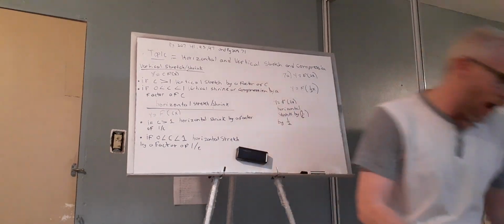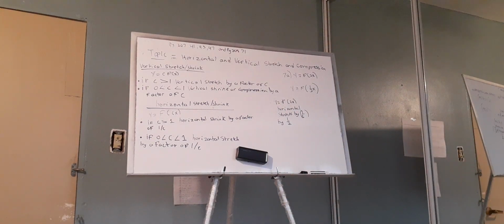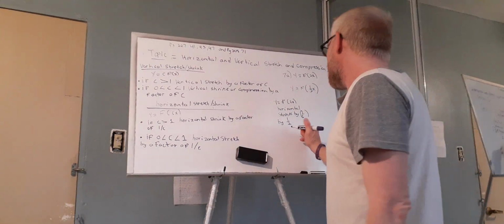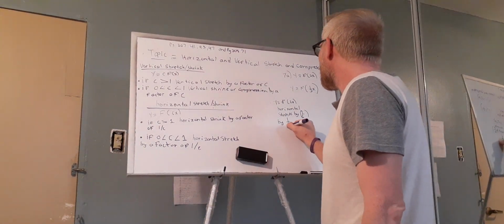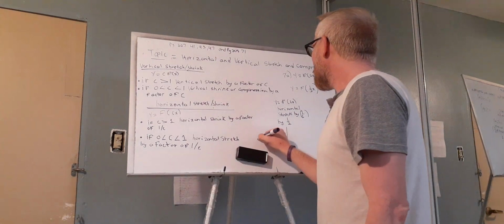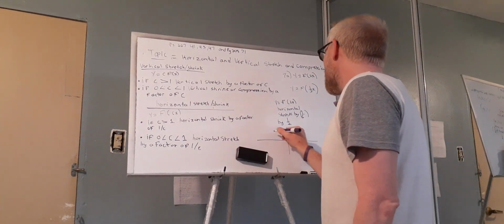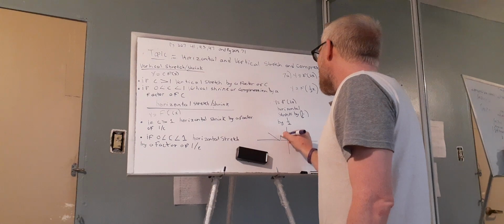Now, how does that look graphically? And I'm going to explain that to you real quick. So what we have in that case is, now in your books, the function that they use, and you can see this one on page 203, they use this function right here.